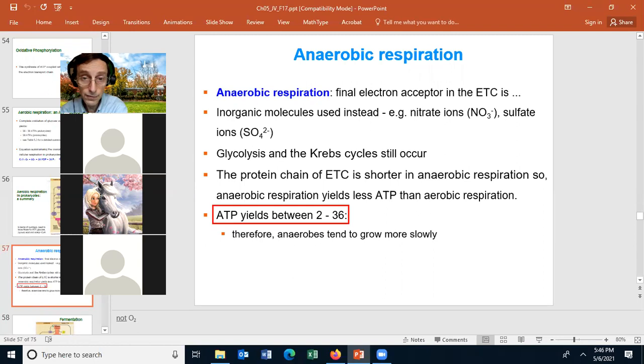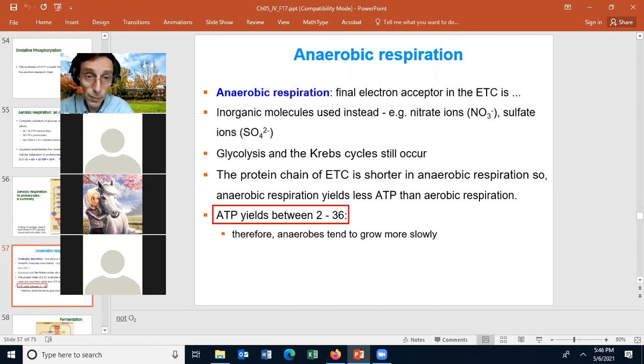The protein chain of the electron transport chain is present, but it's shorter in anaerobic respiration than in aerobic respiration. And because it's shorter, there is less ATP production in anaerobic respiration compared to aerobic respiration.